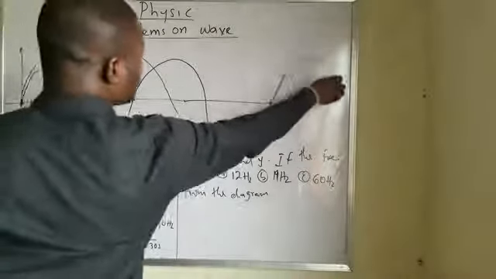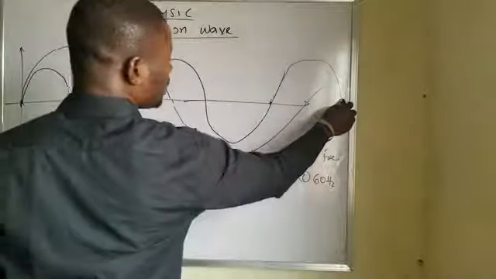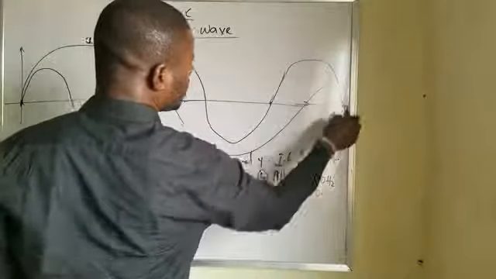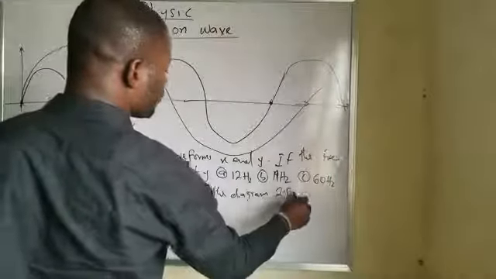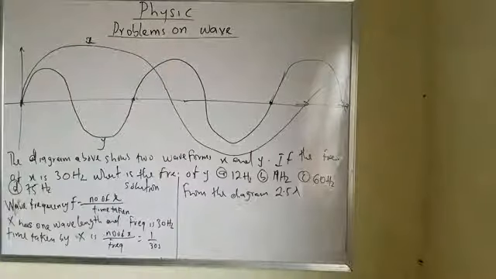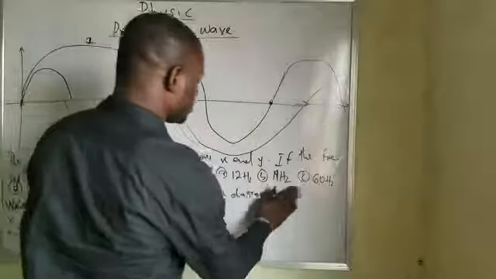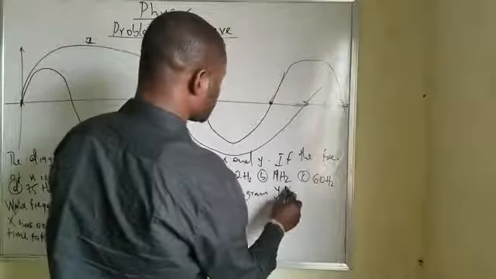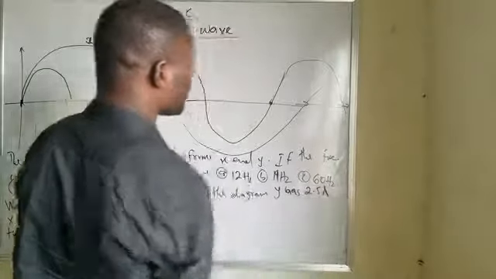Sorry. Now, it has 2.5 lambda. That's what Y has. Y, from the diagram, has 2.5 lambda. That is my Y for you.